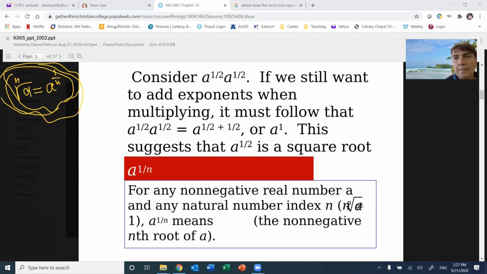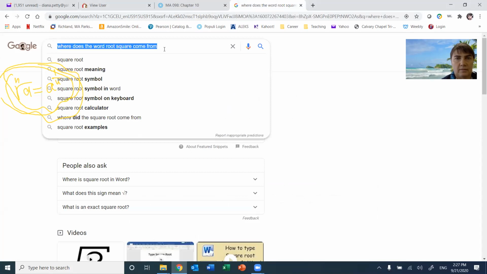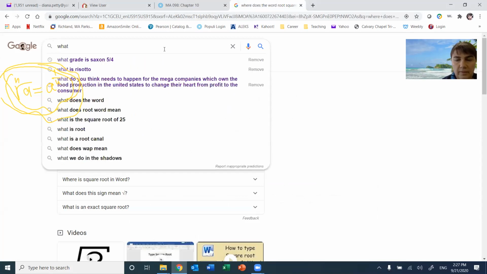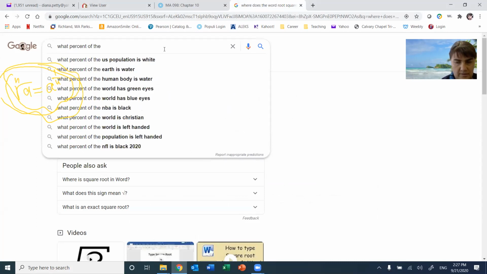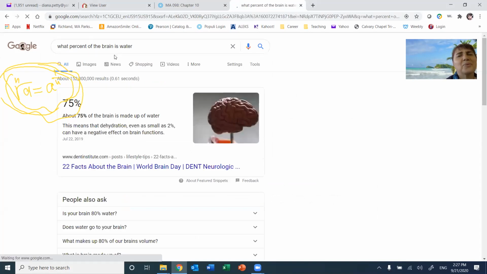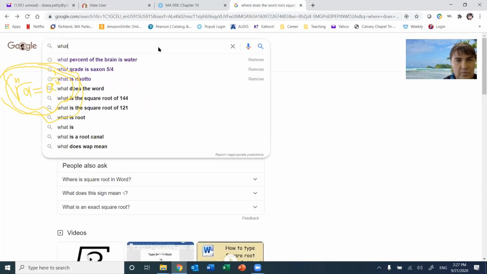Let's see. When I started going back to school, I feel like I can remember things more. Like, oh wait, now we have to remember this. Percent of the brain. 75% of the brain is water, though. What percent?